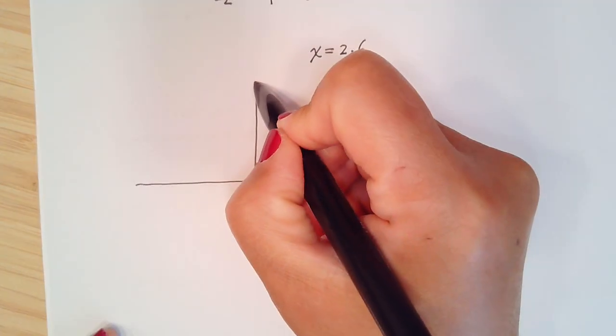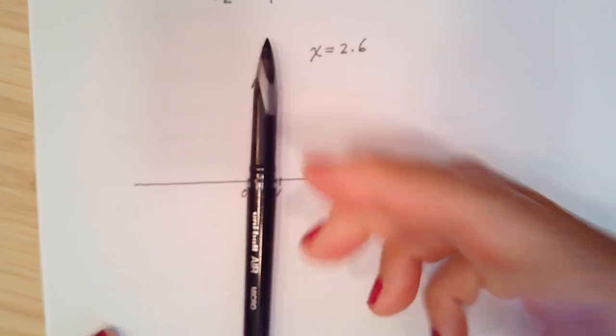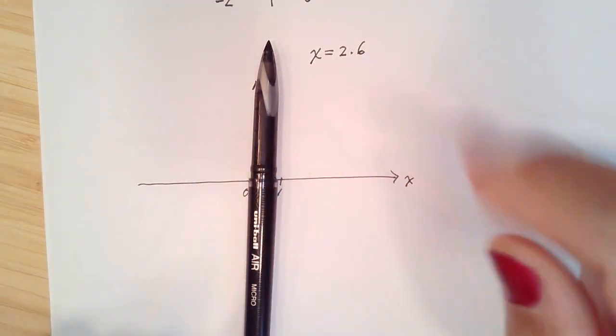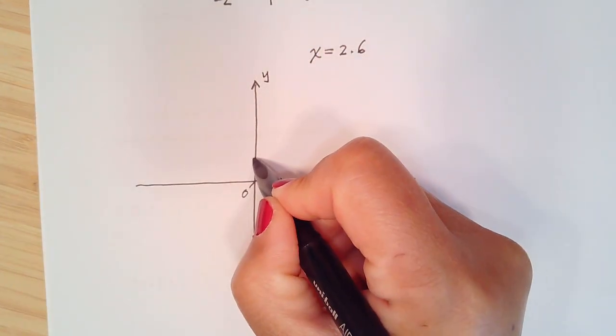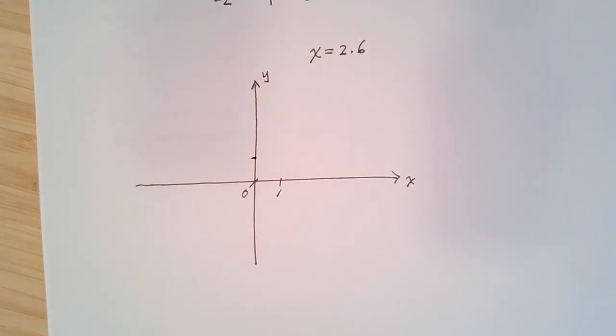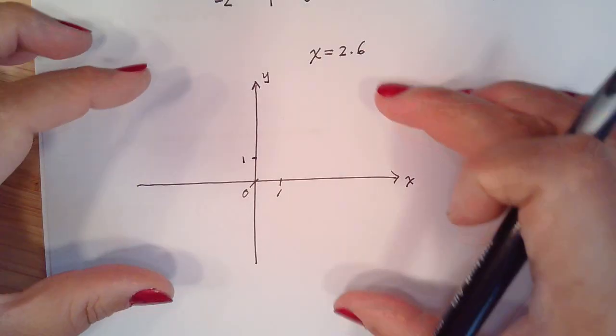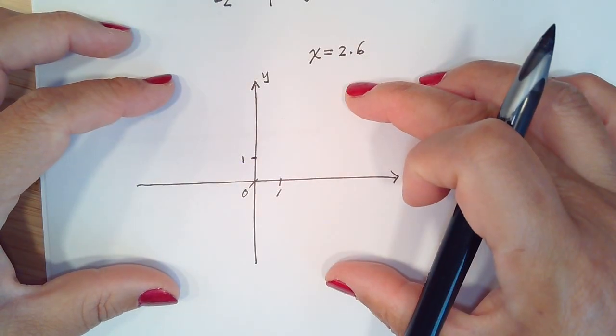And the other one, another line perpendicular to this, so that forms a 90 degree angle here. And this is y, and it's usually about the same length on the y-axis. Sometimes they're different, but very few. In this case, it's the same. Now we have this.